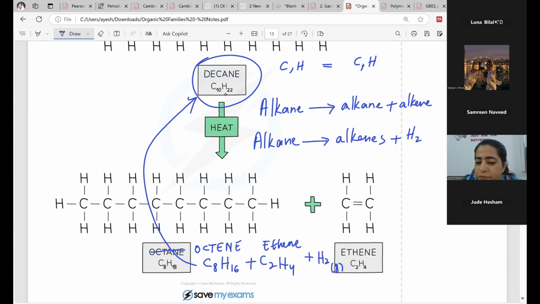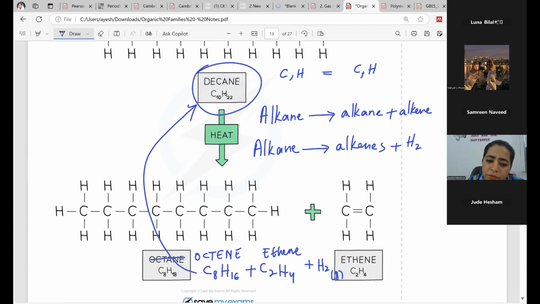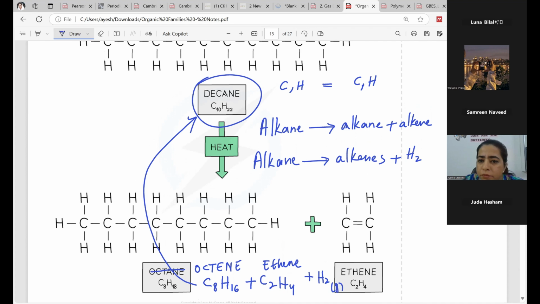Miss, my question was that when we break a huge alkane into two separate substances using catalytic cracking, is it a reversible reaction or is it irreversible?